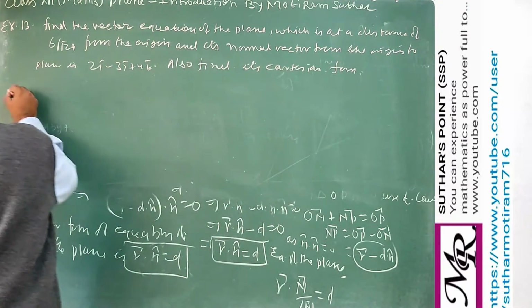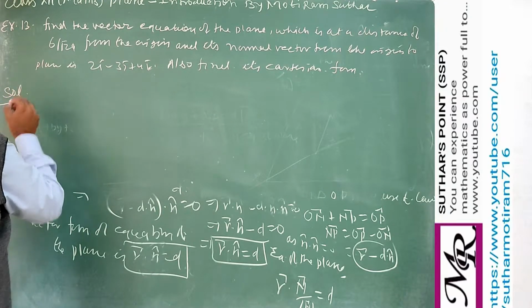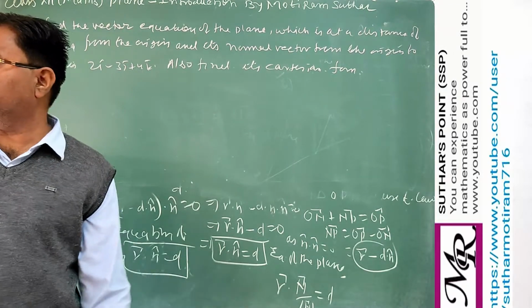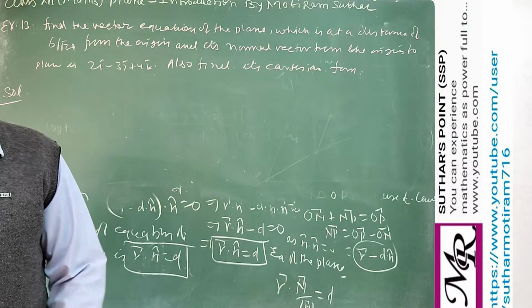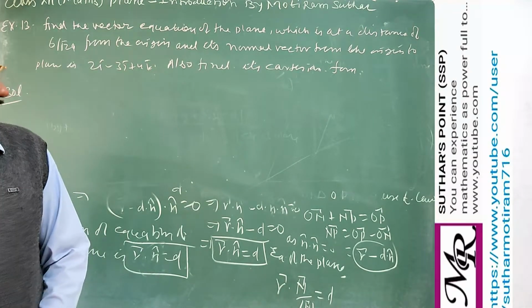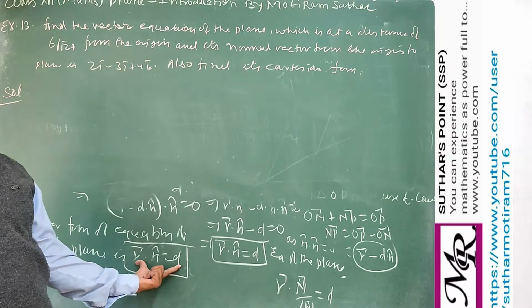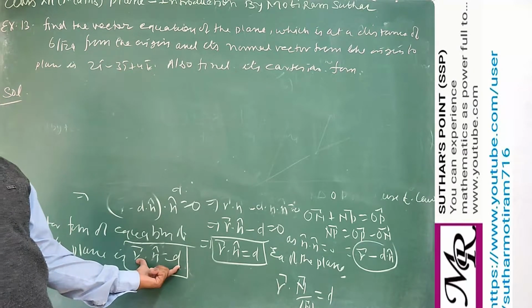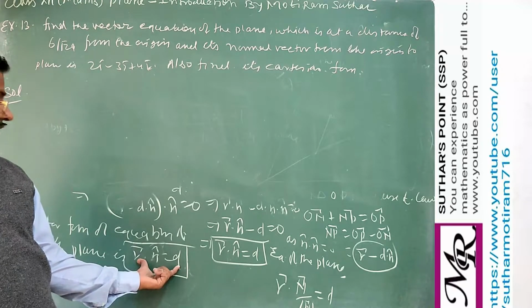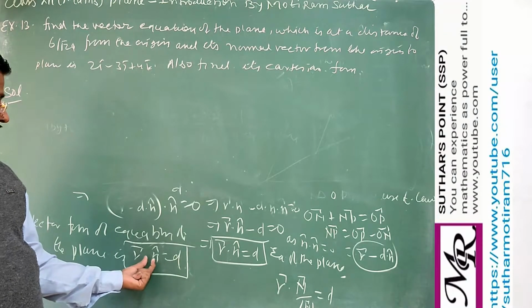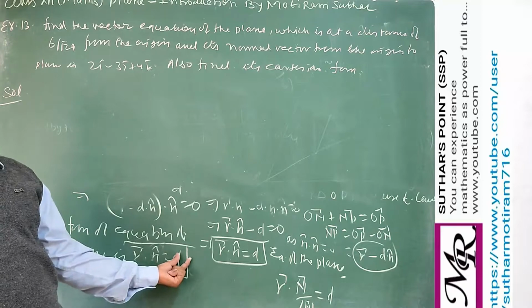So in the solution, we have to read this question very carefully. Some information is already given here. What are we given? Find the vector equation. Means you have to find this form: vector r dot n cap equal to D. So what do we need? Two things, that is n cap and D. What is n cap?